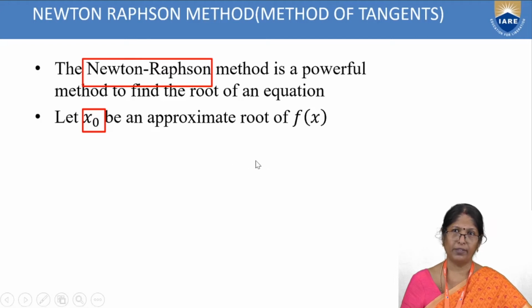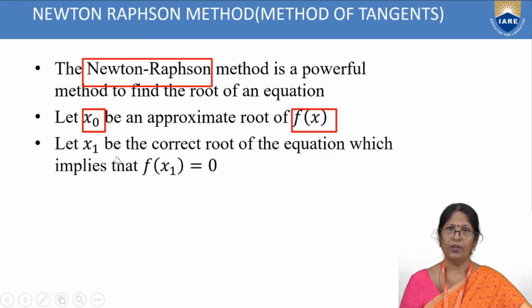Newton-Raphson is one of the numerical methods. So we are assuming here x0 is the approximate root of f of x. Now x1 is the correct root, the exact root. It satisfies the equation. That is the reason f of x1 equals 0.